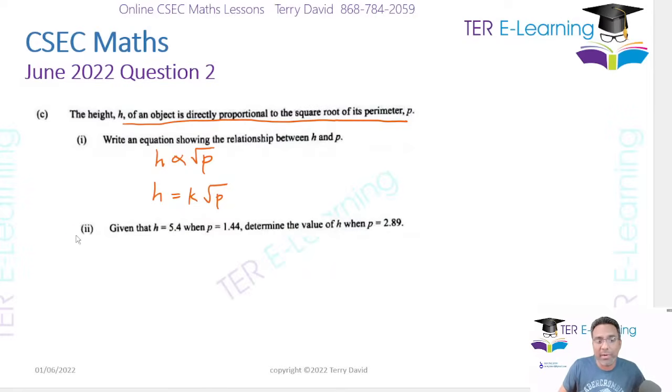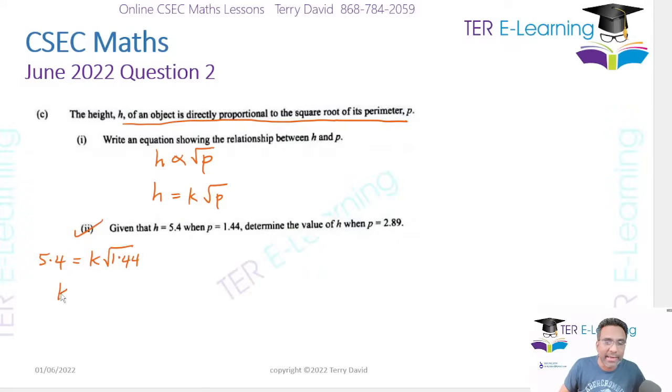The next thing now in part 2, they said given that H, so we have H and we have P, and they want us to determine the value of H when P is equal to 2.89. So what CSEC is trying to do here is tell you to go and figure out what K is. So all I'm going to do, so H is 5.4 is equal to K multiplied by the square root of 1.44.